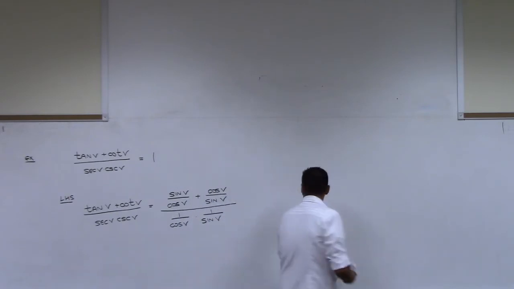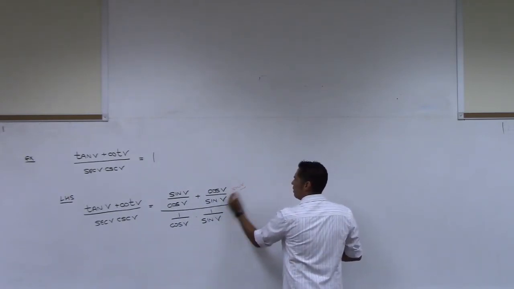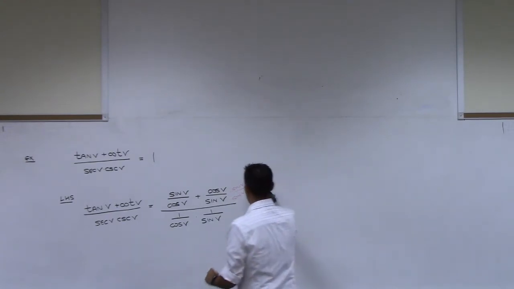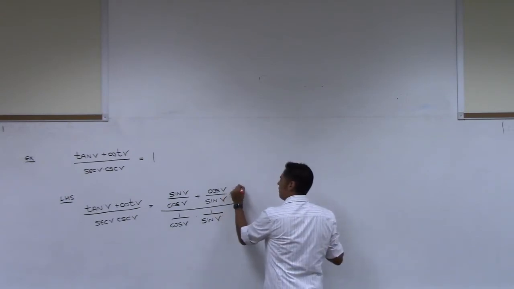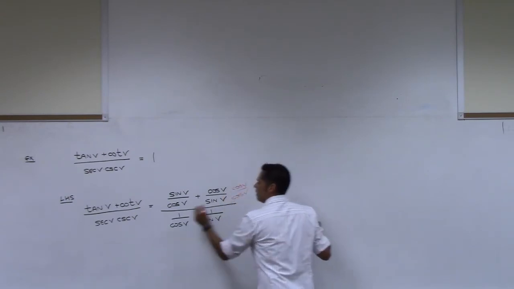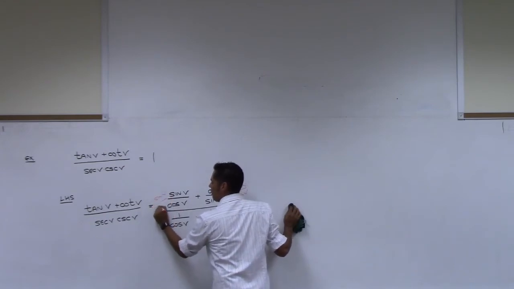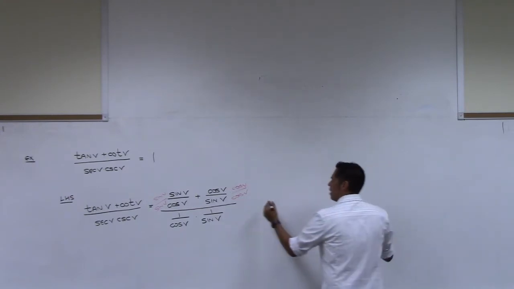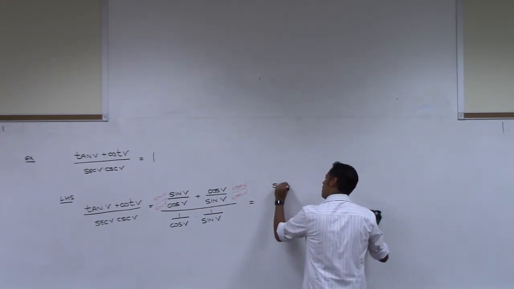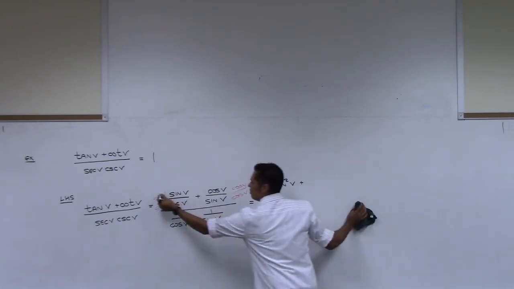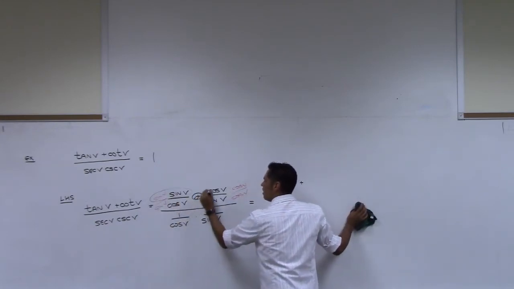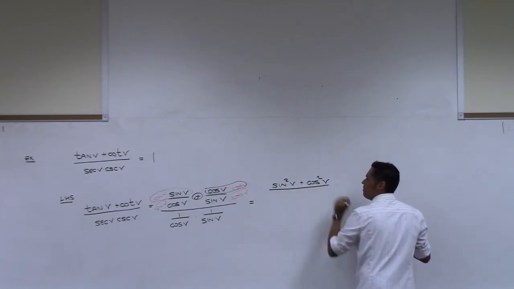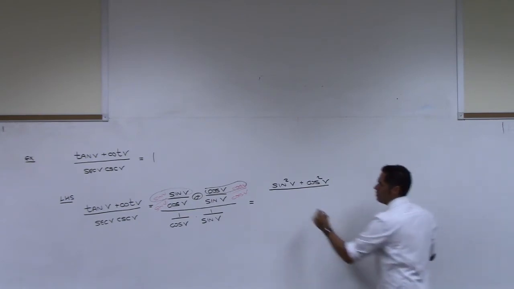So here comes my introduction. Sine v over sine v. No, that's not it. That was supposed to be the cosine. Cosine v, here's sine v, sine v. So my new fraction is sine squared v plus, so that's these two multiplied, plus these two multiplied, cosine squared v, over the common denominator, which is sine v cosine v.